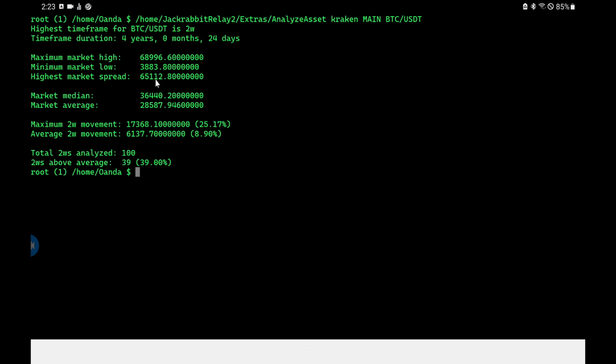Now, right off the top, we can simply take out 100 levels and see that the market should have $651 gaps. Now we know where the median is, we know where the average is, and we know roughly how to spread out our market. If we can cover this much movement on a monthly, 2-week basis here, $6,137 for every 2 weeks. If you can cover that, you've got 60% win rate right off the top.